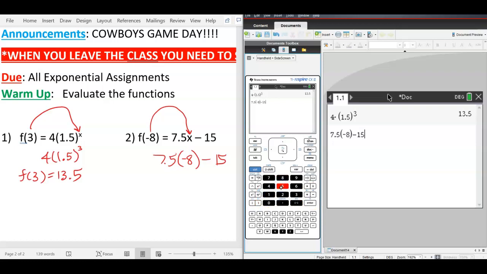I still got people mixing up negative and minus sign. Okay. Everyone makes mistakes. So -75 is my answer. And that would be f of -8 equals -75.